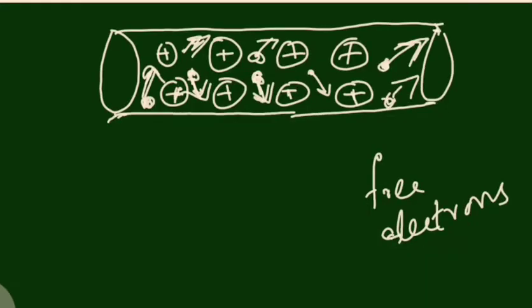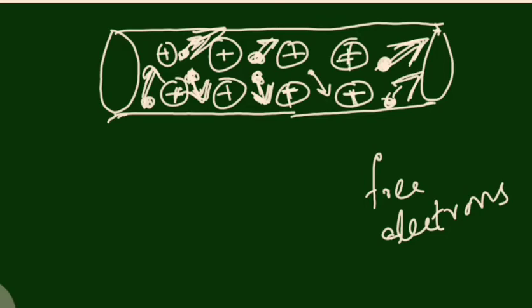The free electrons are moving randomly inside the conductor, and all the positive charges won't move, they will be in their own position.